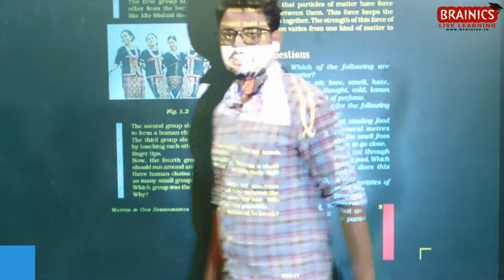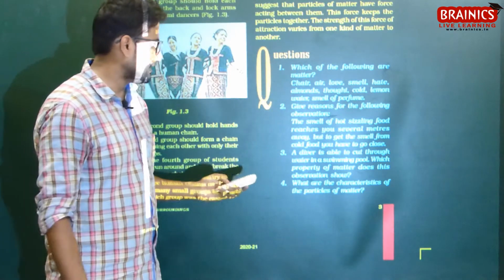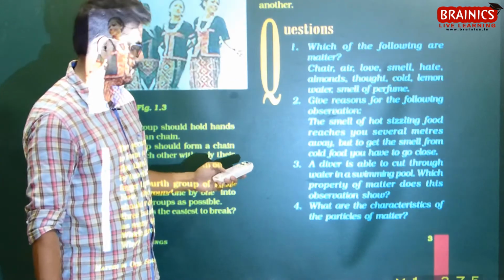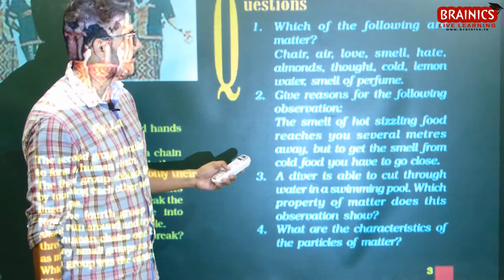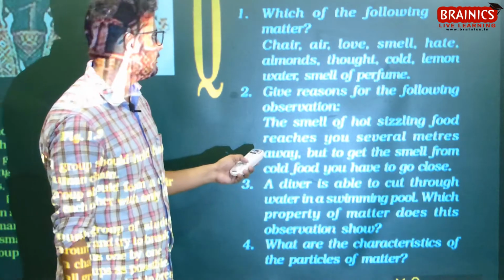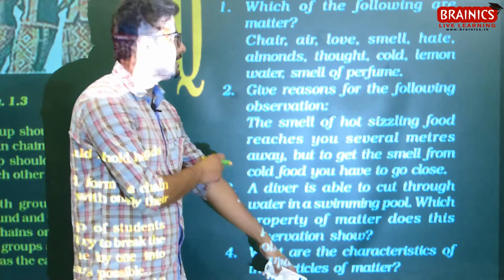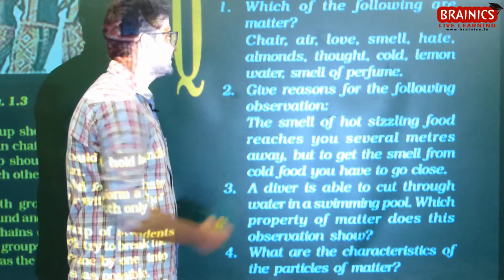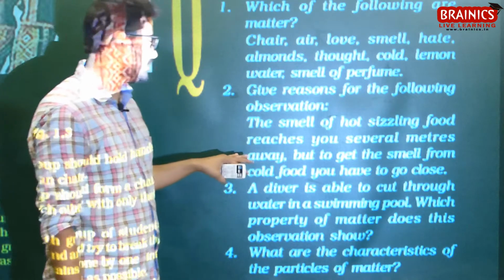I would also like to ask you to kindly go through these questions. You have very good questions over here. The questions are: which of the following are matter? Chair, air, love, smell, hate, almonds, thought, cold, lemon, water, smell of perfume. They are asking you to find out the matter. You will have to find it out and give reason for the following observations.